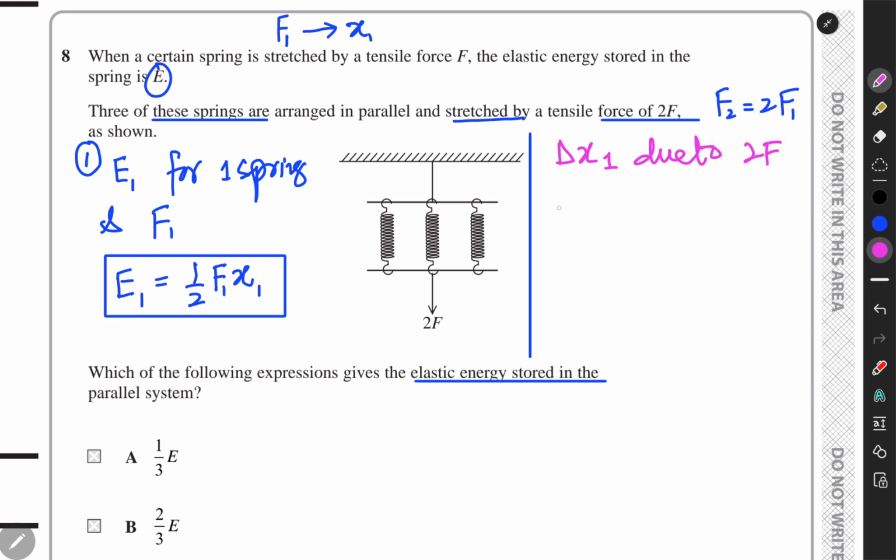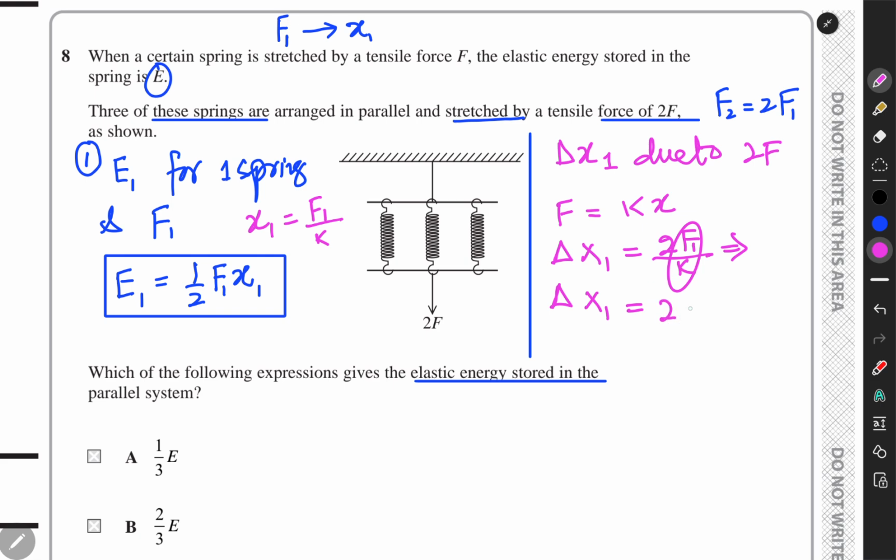It's obvious that force equals K times delta X. So your delta X in spring 1 due to 2F will be equal to twice the force divided by K. That shows that F by K is basically the extension 1, which was F1 divided by K. So the extension in the spring due to twice the force is 2 times x1.